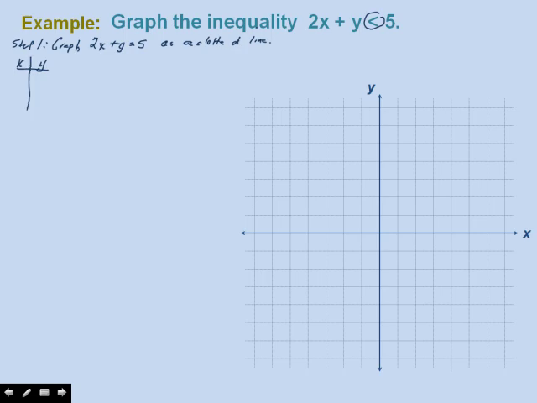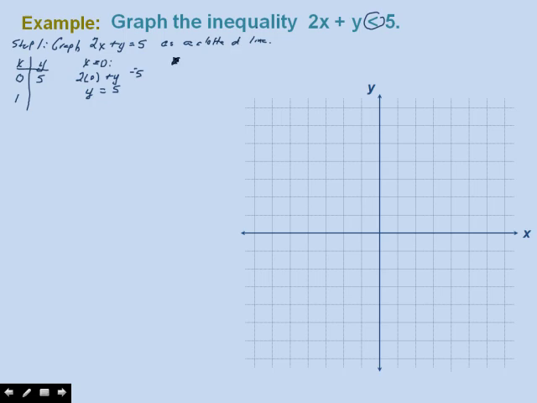So let's get a couple of points to plot. If we start out by using 0 for x, that gives us 2 times 0 plus y is equal to 5. And we end up with y is equal to 5. Then let's try using 1 for x.